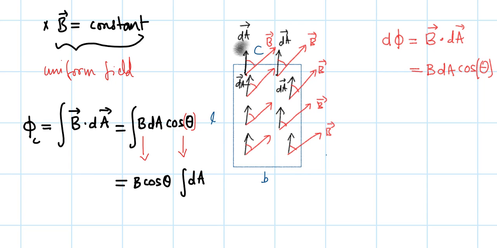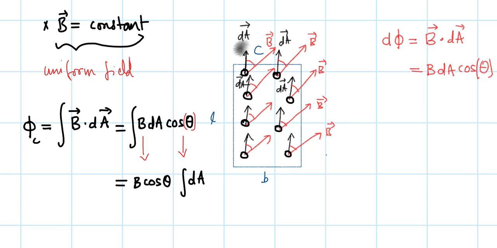Now we integrate over the entire area, which means we are adding all the tiny areas within the region enclosed by C. What would it give? It would give the entire area of the loop C.